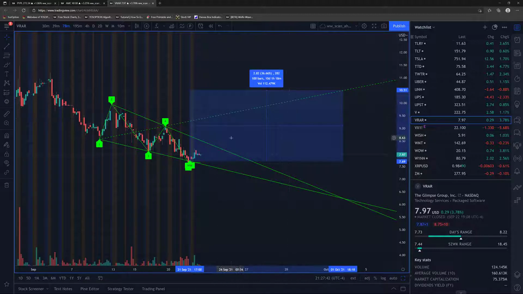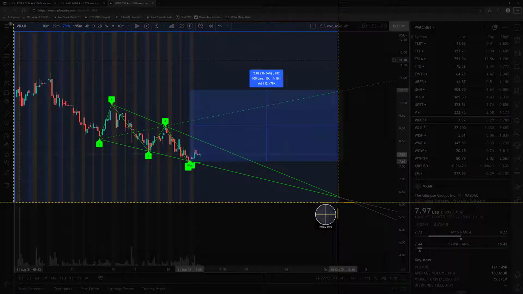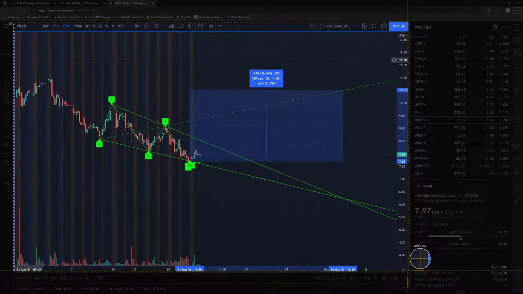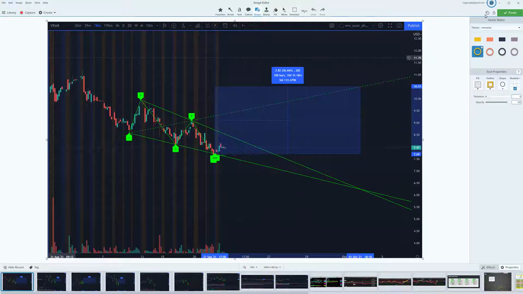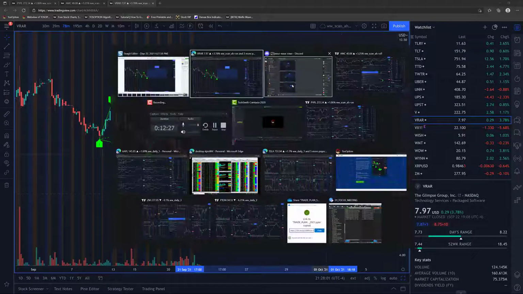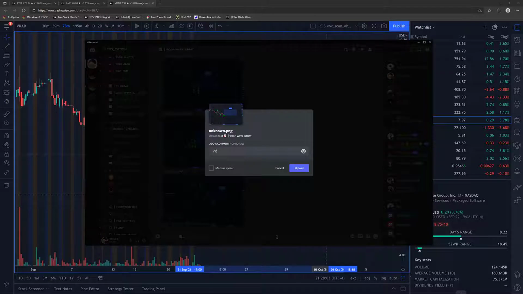So anything from here to there, it will potentially put you into a trade that's going to return about 36%. Obviously, you want to manage risk on your way up to 36%. So, this is a 78-minute VRAR. And that is a 70-minute after hours on.